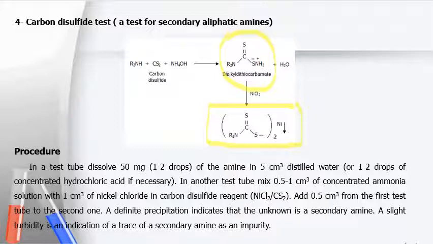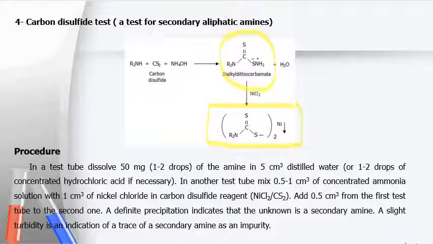necessary. Sometimes we need to use hydrochloric acid to get the powder of the amine dissolved. So this is the first test tube. In another test tube, we mix 0.5 to 1 ml of concentrated ammonia solution with 1 ml of nickel chloride and carbon disulfide reagent, NiCl2 and CS2, which is carbon disulfide.